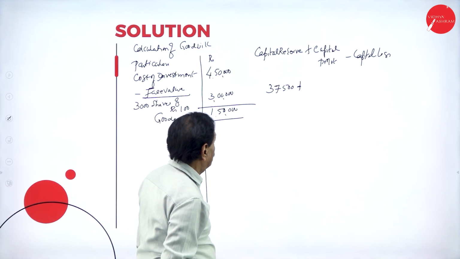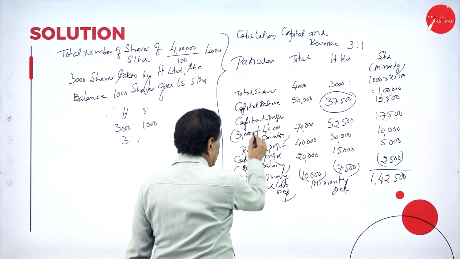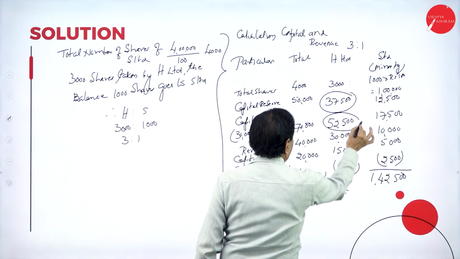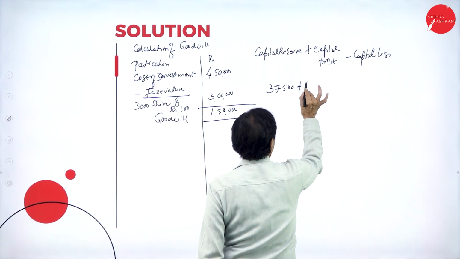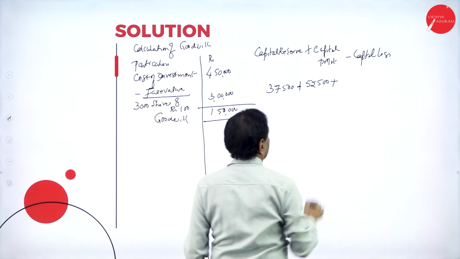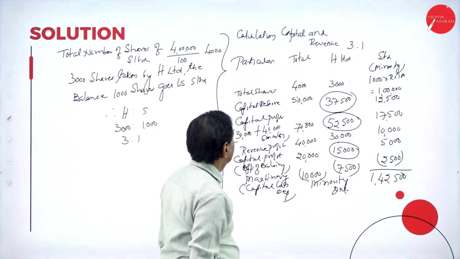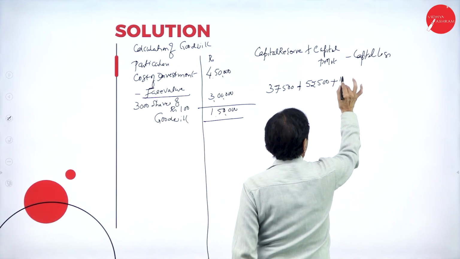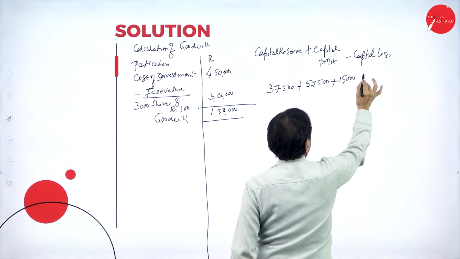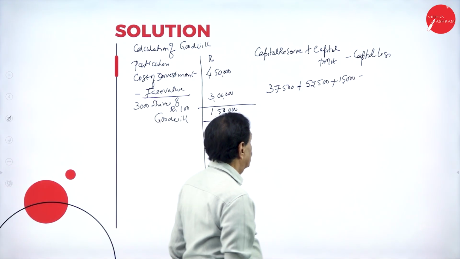What's your capital profit? 37,500. Come back here. 52,500 plus capital profit 15,000 minus capital loss 7,500.